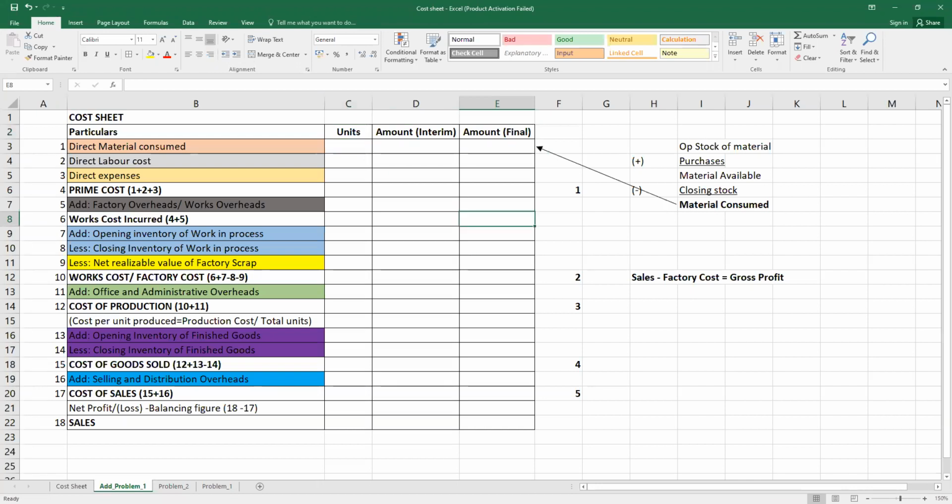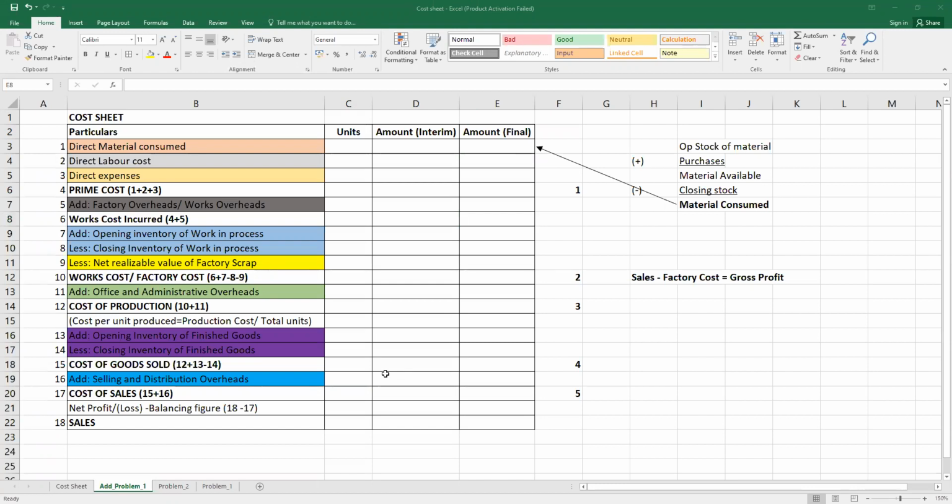So please open the problem. The first problem is adopted from CWS module. So I'm going to start directly. Calculate the value of raw material consumed, total cost of production, cost of goods sold, and the amount of profit from the following particulars.